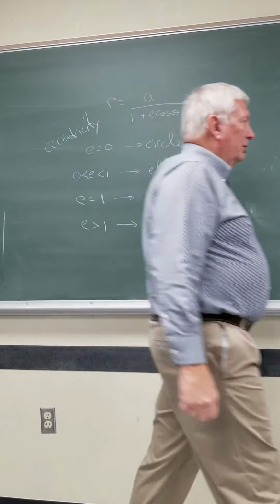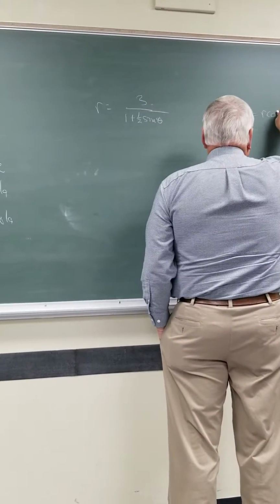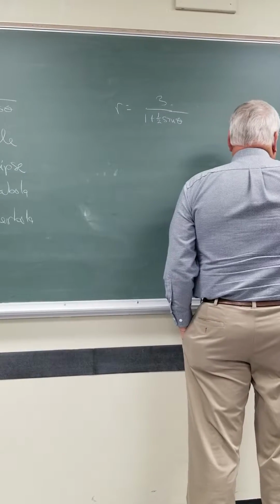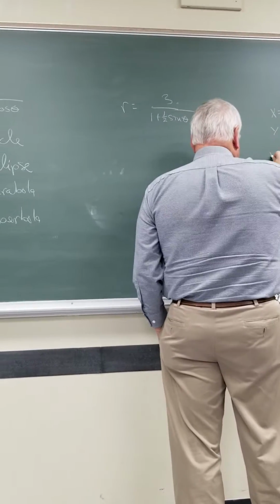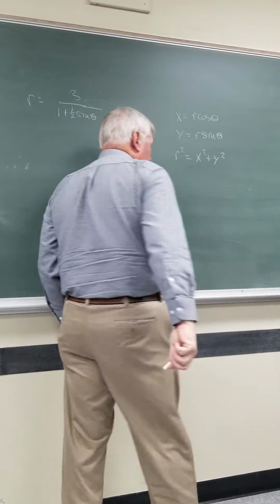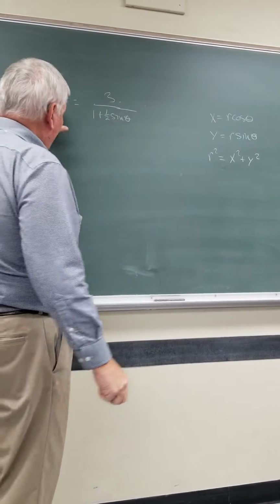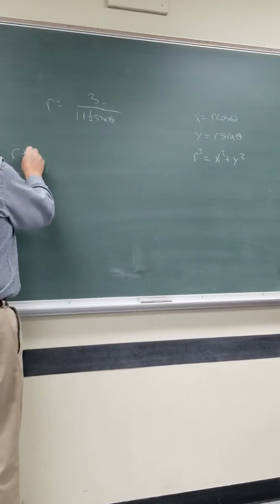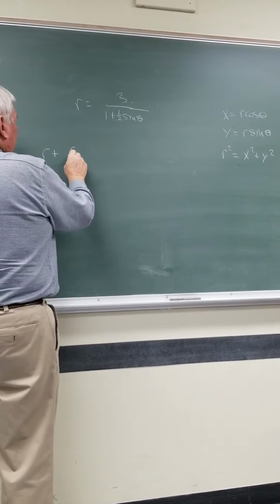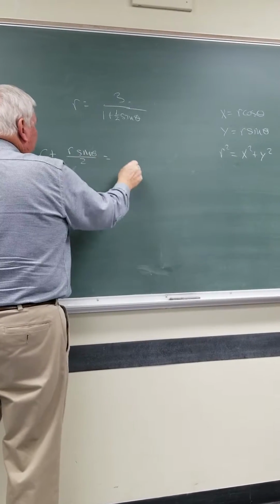So we have to remember that x is equal to r times the cosine of theta, and y is equal to r times the sine of theta, and r squared is equal to x squared plus y squared, are kind of conversion things. So if I clear fractions, I have r plus r over 2 times the sine of theta is equal to 3.